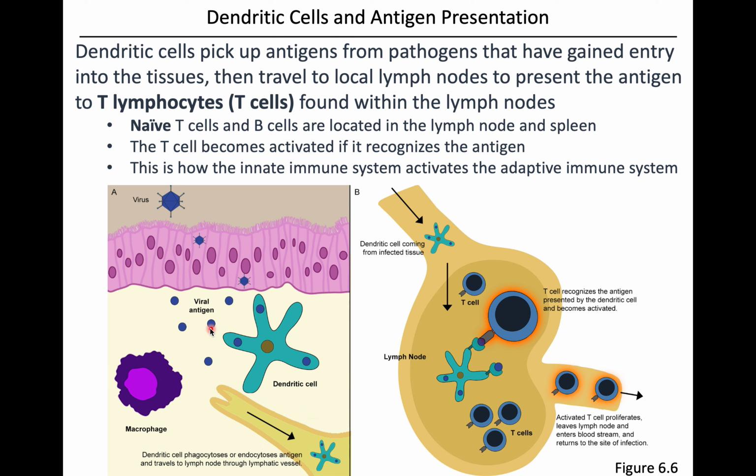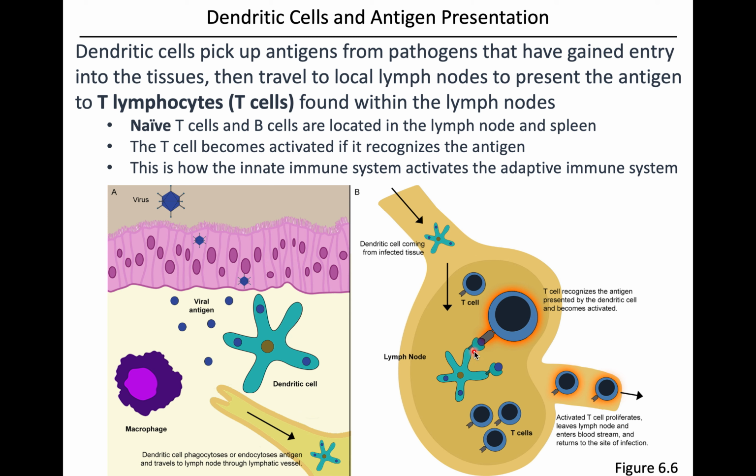The dendritic cell sees this, ingests it, and it then enters the lymphatic system, travels through lymph vessels to a nearby lymph node, and it will then present that antigen. You can see it's formed this special structure on its surface where it's holding out that antigen to, in this case, a T cell. So it physically presents it to the T cell and says, "Hey, I found something weird out in this tissue where I was hanging out. Take a look at it. What do you think?"